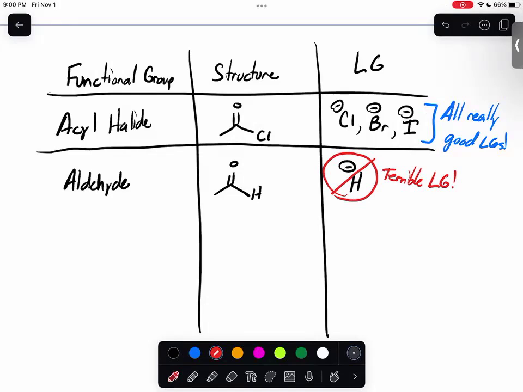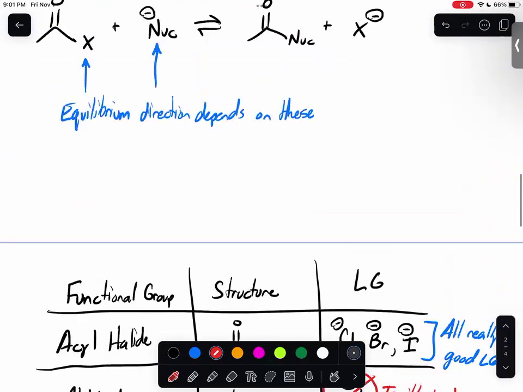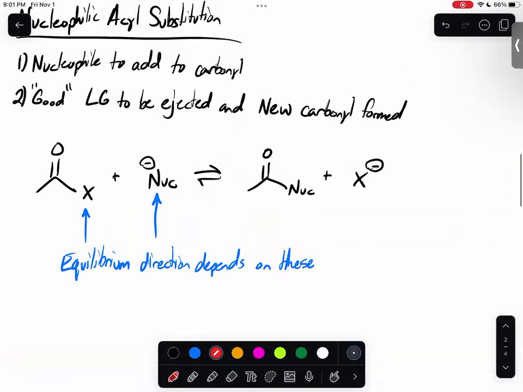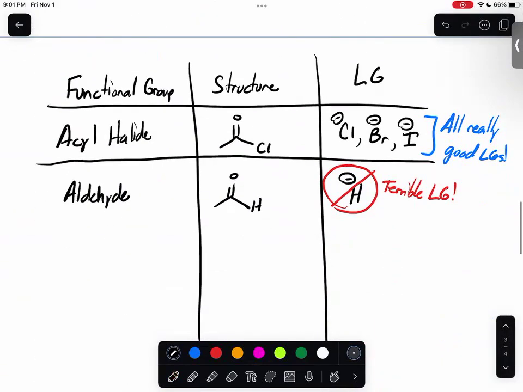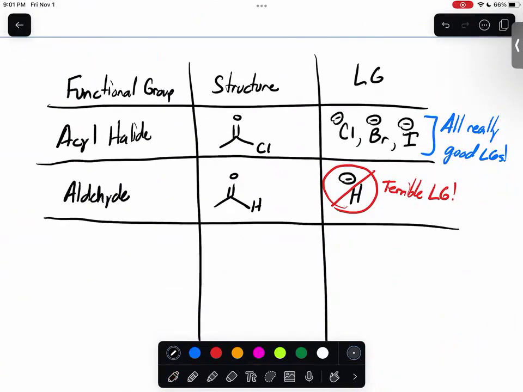We don't really want to kick that out, especially when we think about it in terms of this statement up here where the nucleophile would have to be strong enough to warrant us kicking that out. The same thing goes for another type of carbonyl derivative, which is called a ketone.